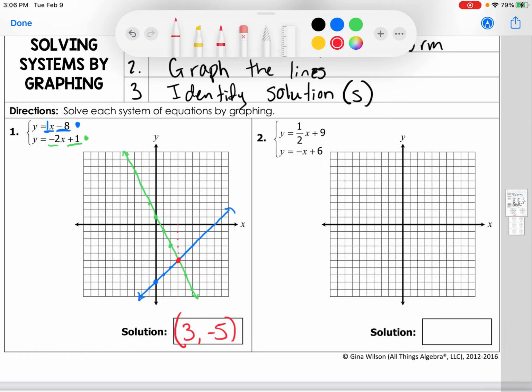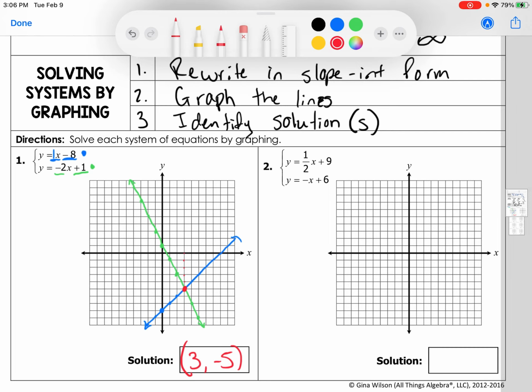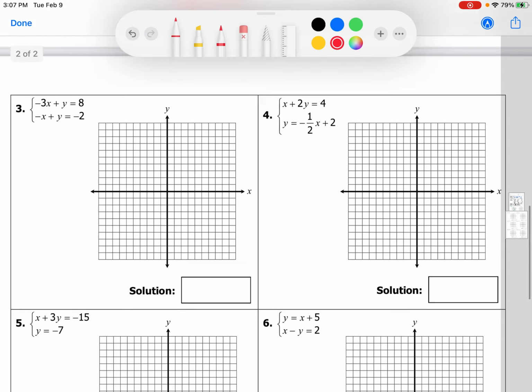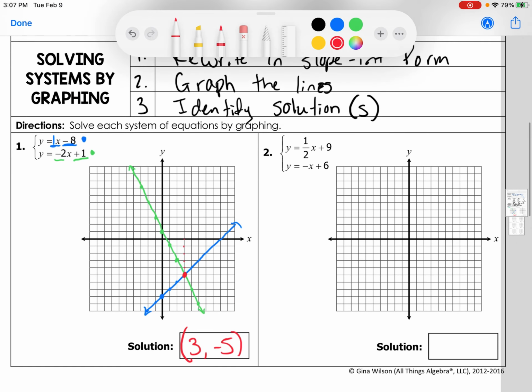So our solution to this would be (3, -5). Okay, so just to review, we graphed our lines and then we identified the solution. Both of these equations were already written in slope-intercept form, so we didn't really have to do that step. Some of them we will have to do that for.